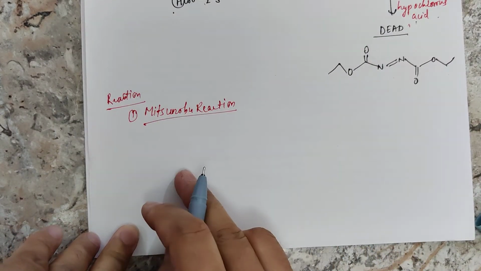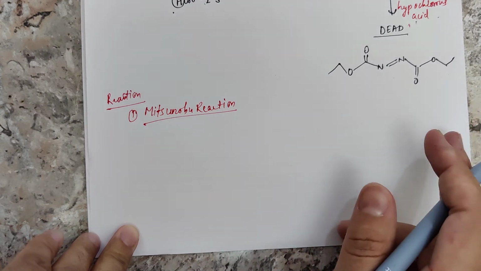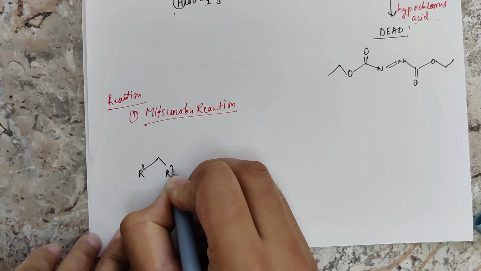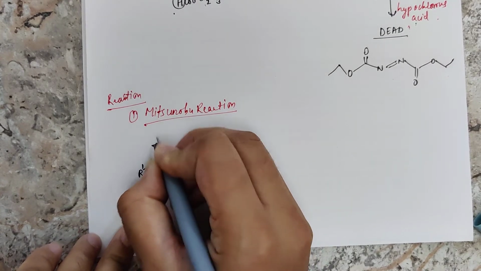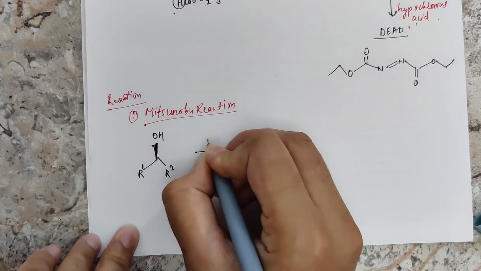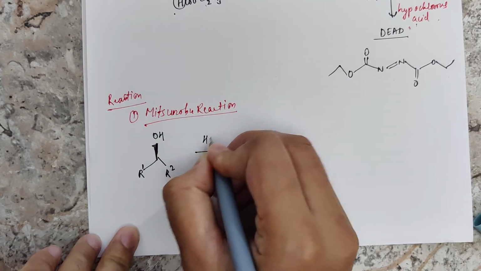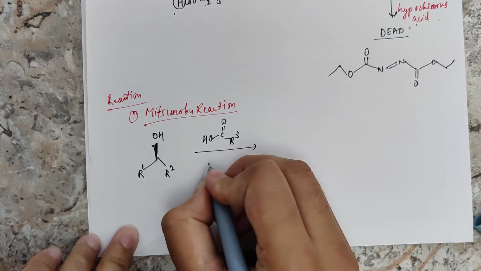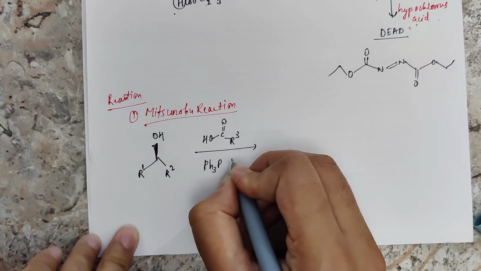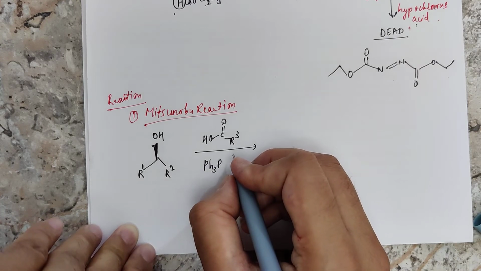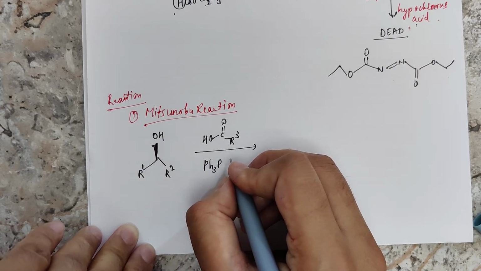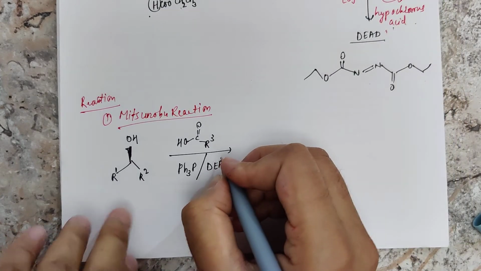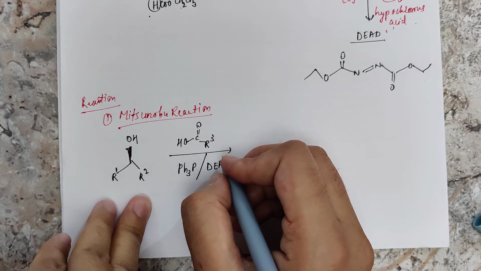So basically alcohol plus acid will give us ester. Let's take one general secondary alcohol. ये आपका secondary alcohol हो गया. Let's take a carboxylic acid, that too a general carboxylic acid. Phosphine and the reagent. Basically here ester formation is happening.